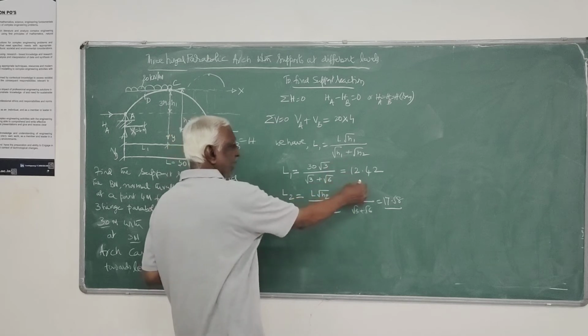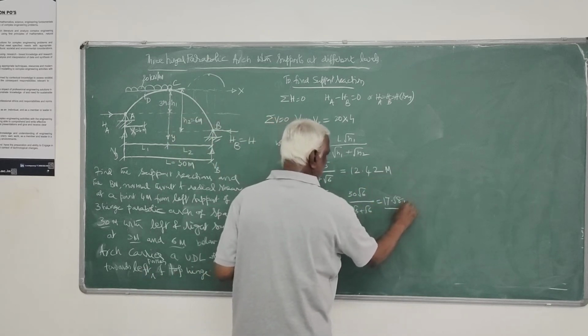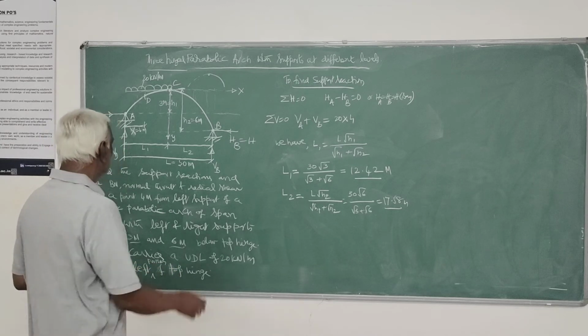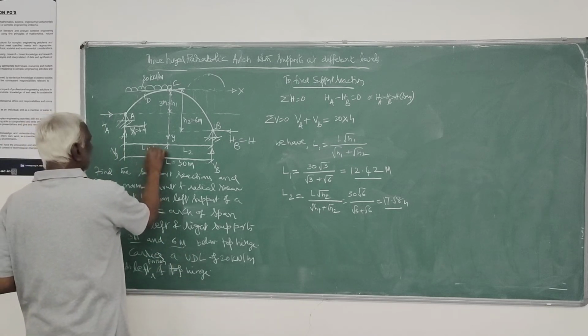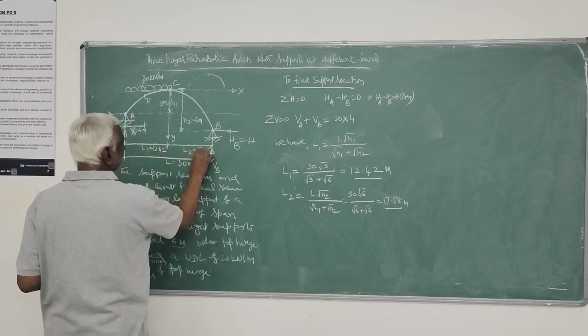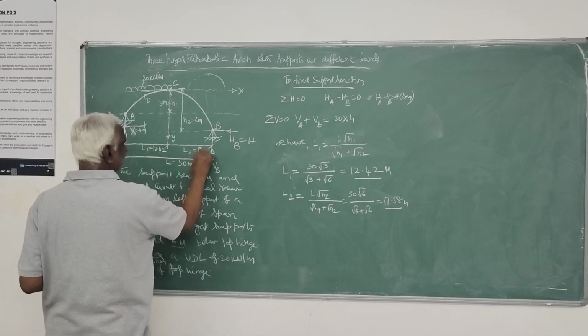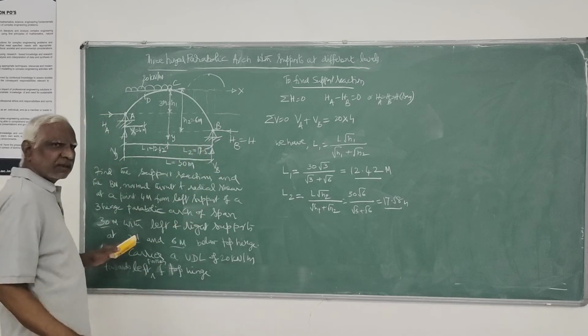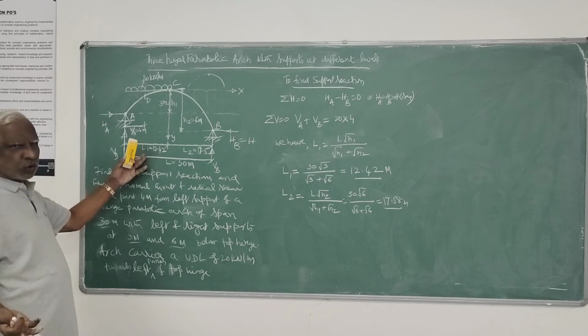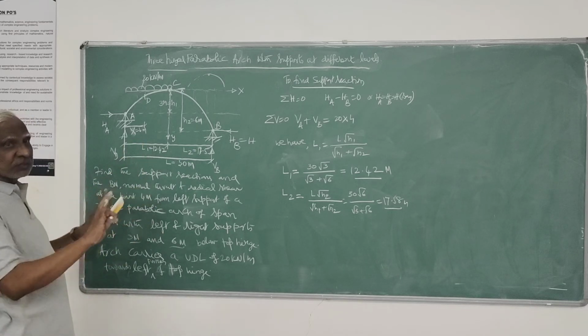Naturally, L1 plus L2 has to be 30 meters. So you know now L1 is 12.42 and L2 is 17.58. Or if they give these in the problem, say 19 meters and 14 meters, then you use those figures.